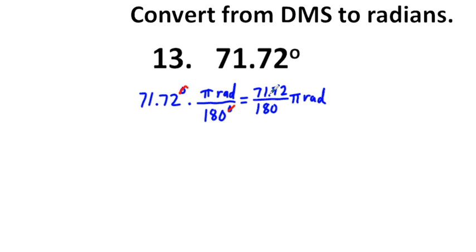Well, in this case, in 71.72 over 180, we do not have a really good looking rational number for a fraction. And so in this instance, when this happens, we just have to multiply out, or it just makes more sense to multiply out this 71.72 times pi, the number pi, and then divide by 180. So let's go ahead and do that.